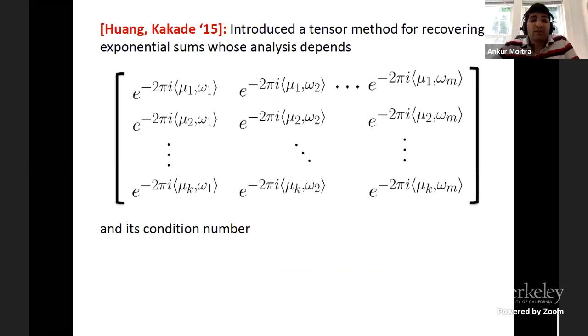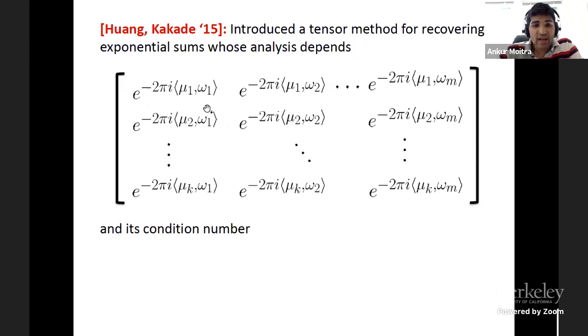But it turns out that there's another strategy for learning exponential sums that doesn't require reducing to 1D. There's an approach of Huang and Kakade, which is actually literally based on Jenrich's algorithm. In order to apply Jenrich's algorithm and analyze its noise stability, they create a matrix that's not the Vandermonde matrix we saw before.